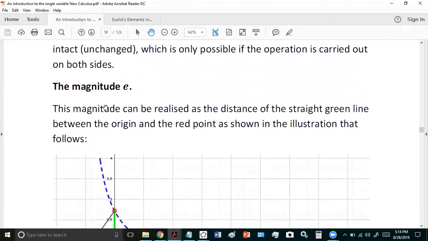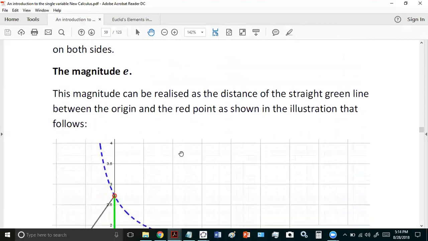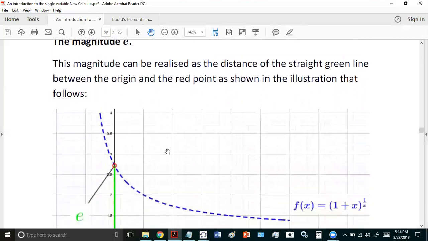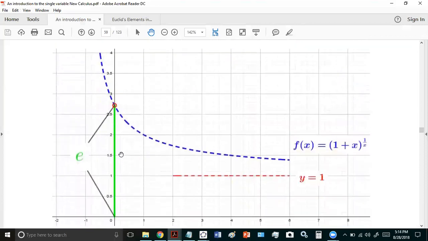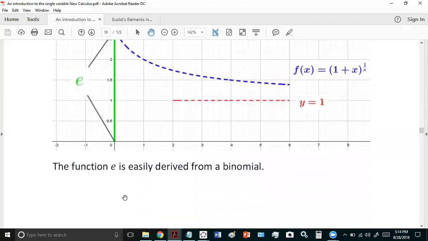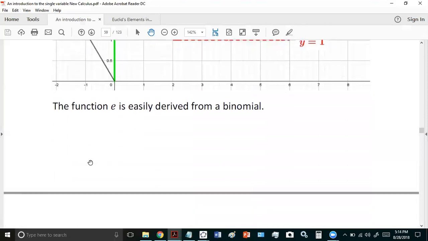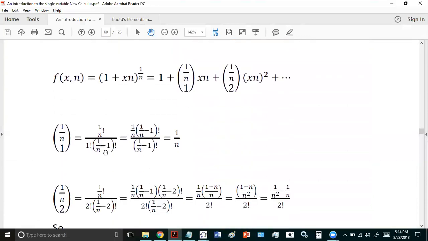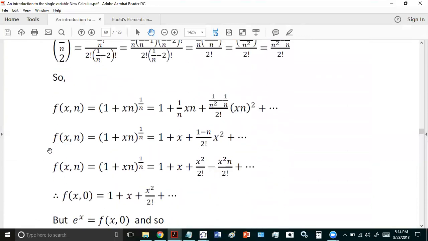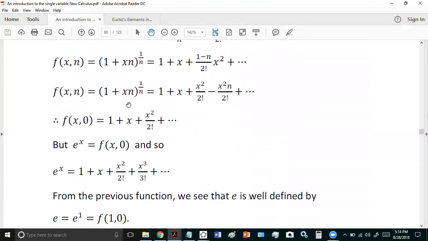Now, let's take a look at the magnitude E. This magnitude is really realized as the distance of the straight green line. This E is this distance here. And this function here is what we can use to derive E. And I've given you a derivation of E here without any use of calculus or limit theory, which is flawed. And it's done from scratch. And I'll show you how to find E using this method here.